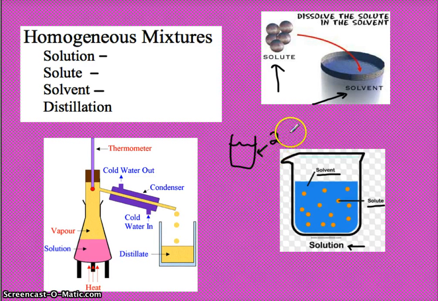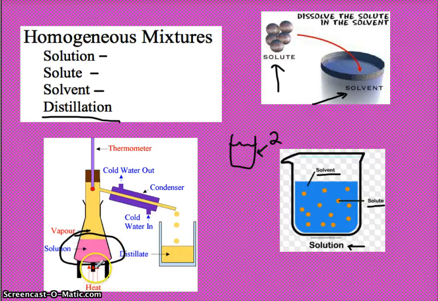If one of these substances has a different boiling point than another, you can separate them by distillation. Here's an example of distillation. You put the solution here and you heat it until it gets to the point where one of them evaporates.